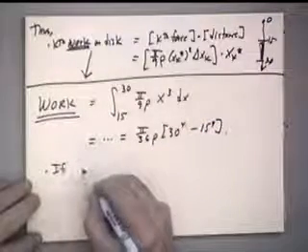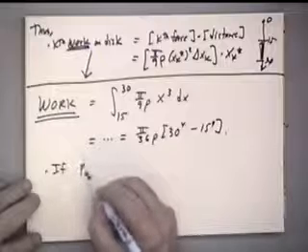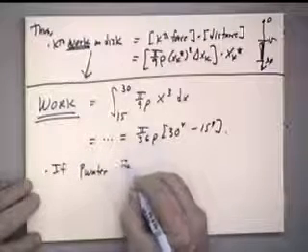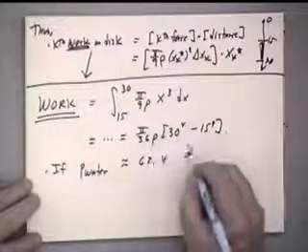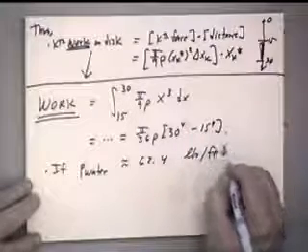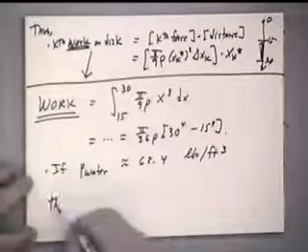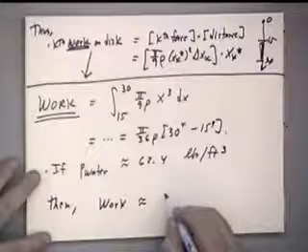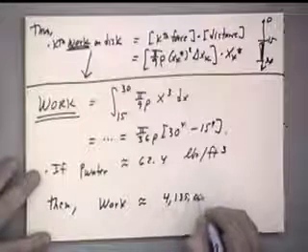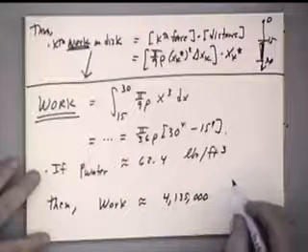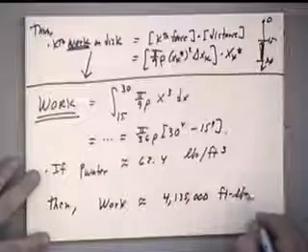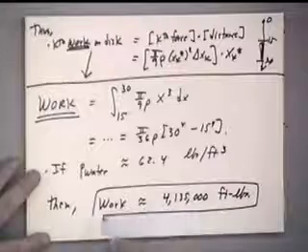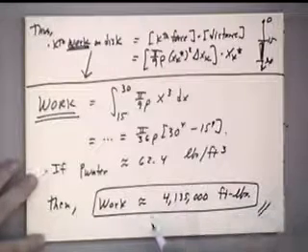And if rho, weight density for water, is taken to be approximately 62.4 pounds per foot cubed, you can always look that up in a physics book, then what you get here is that the work is approximately 4,135,000 foot-pounds. So that's quite a lot of work, but then again, that's quite a lot of water.